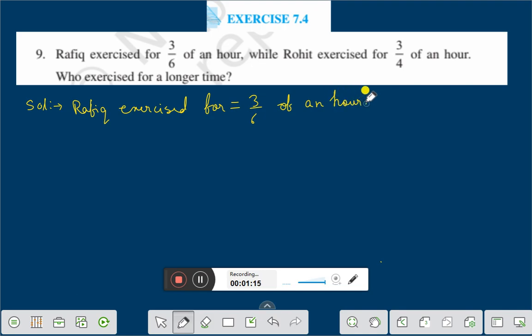And we know that 1 hour is equal to 60 minutes.